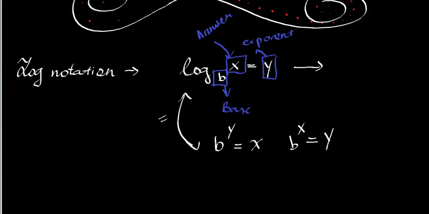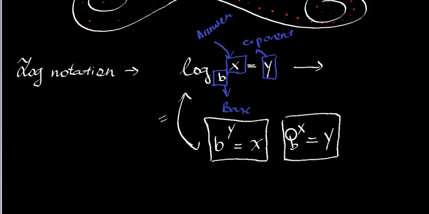What is the difference between this function and this function? How do they differ? Well, let's see. The base remains. We still have the base here and the base there. However, you see that the y here is the exponent, whereas the y here is your answer. The x here is your answer, whereas the x on this side is your exponent.